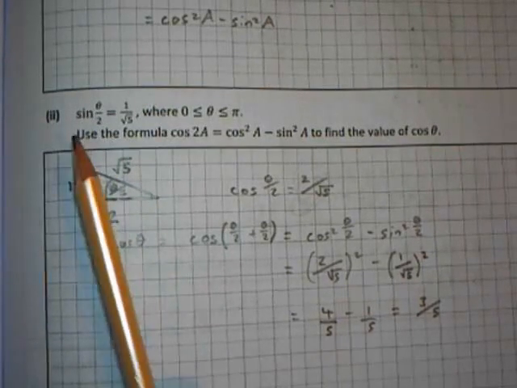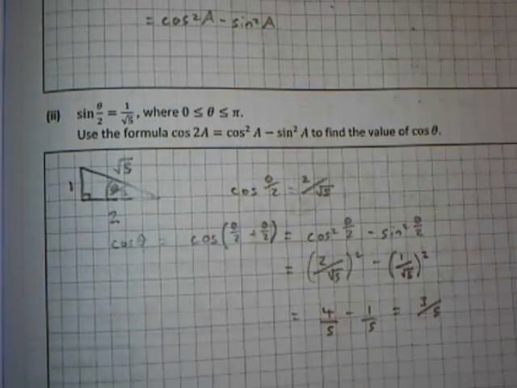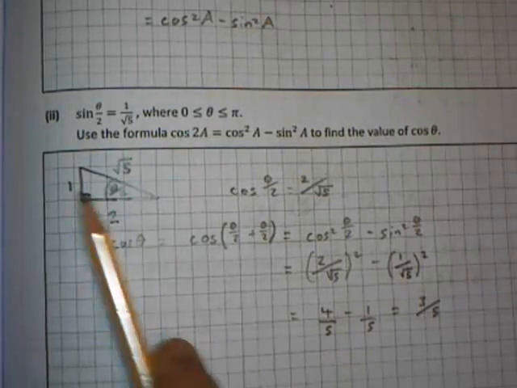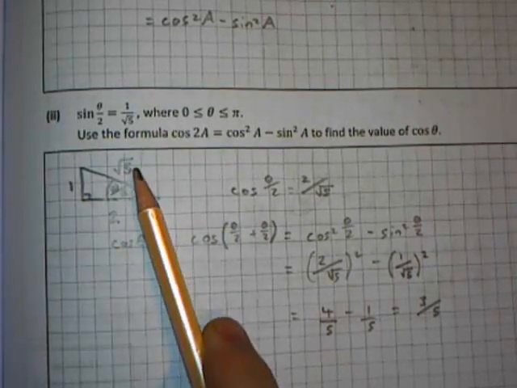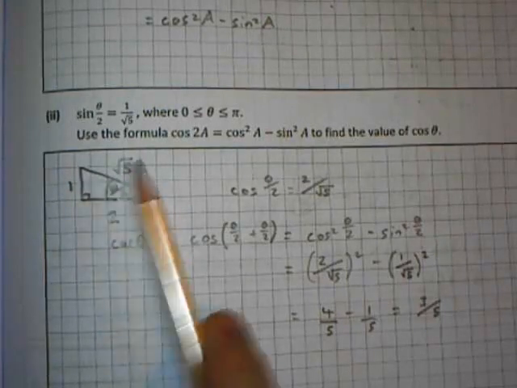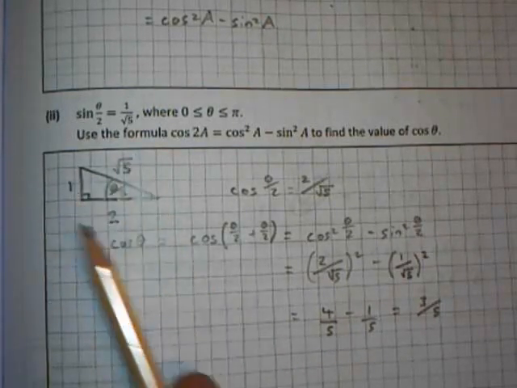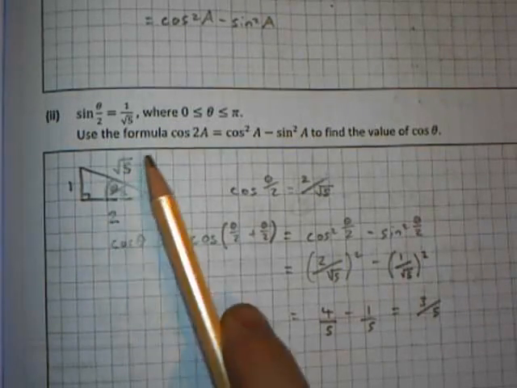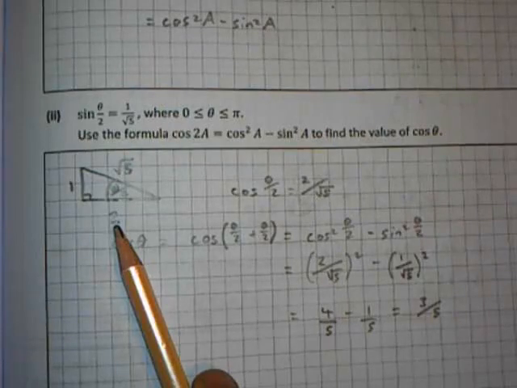So first thing, they give you this sine thing. Now sine, if you look it up in the trigonometry section, sine is this A and this C. So I've just put the 1 and the square root of 5 onto this triangle, and I'll put the angle on. And from that, with Pythagoras, you can work out this 2. So square that, subtract them, square root, you get this 2.